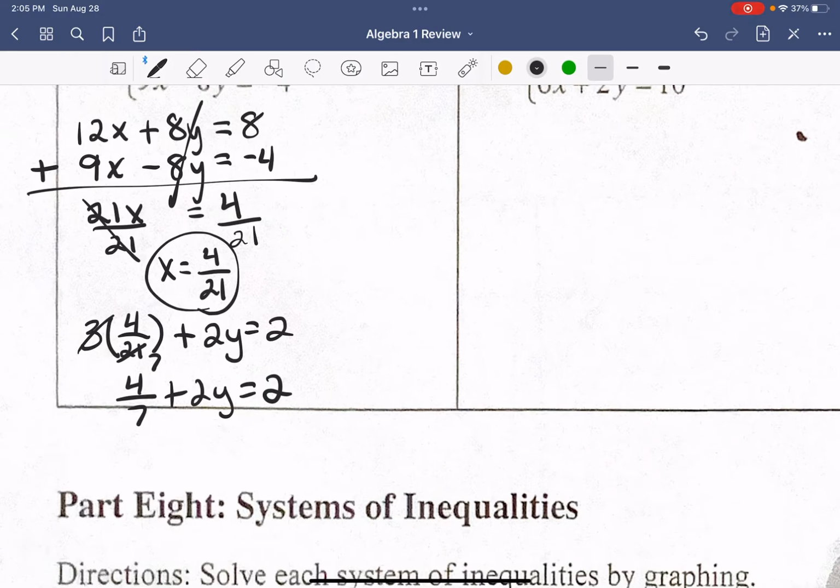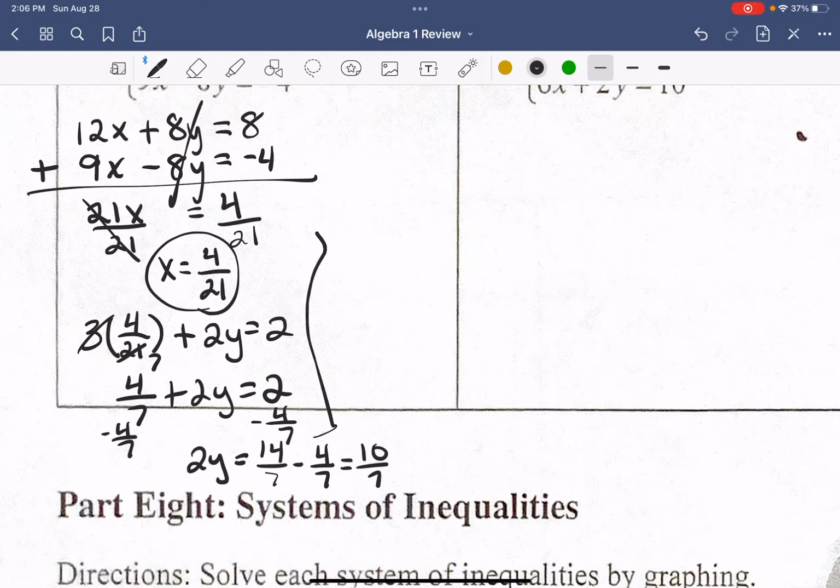But I subtract 4 over 7 from both sides. It's going to help me if I turn that 2 into a fraction with a denominator of sevenths. So we get 2y equals 14 over 7 minus 4 over 7, which is going to give us 10 over 7.